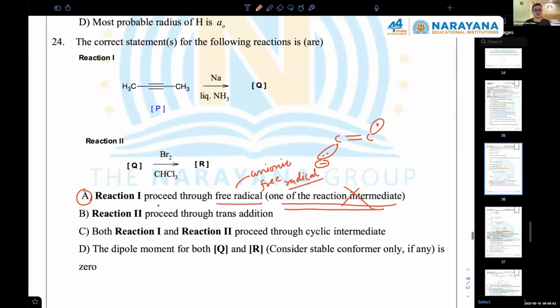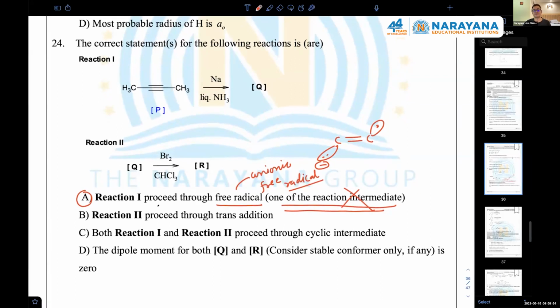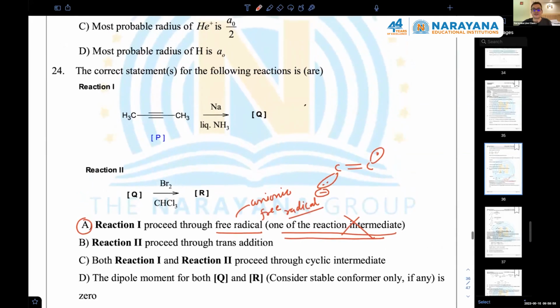Anyone got doubt in this question 24? First one, mechanism can explain. Yes, that's very easy. This is Birch reduction, beta. Suppose we have this condition, RC triple bond CR, with sodium in liquid ammonia.